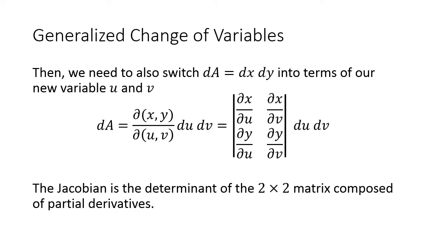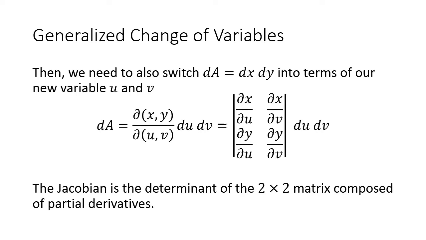Now, we also need to switch dA in this case too. Again, it's going to have to be scaled. Well, how do I scale that to be in terms of my new variable? Essentially, what we're going to have to do is find four partial derivatives. And our notation here, dA equals the partials of x and y with respect to u and v. So again, we're going to get a combination of four different partial derivatives, because that's every combination there.